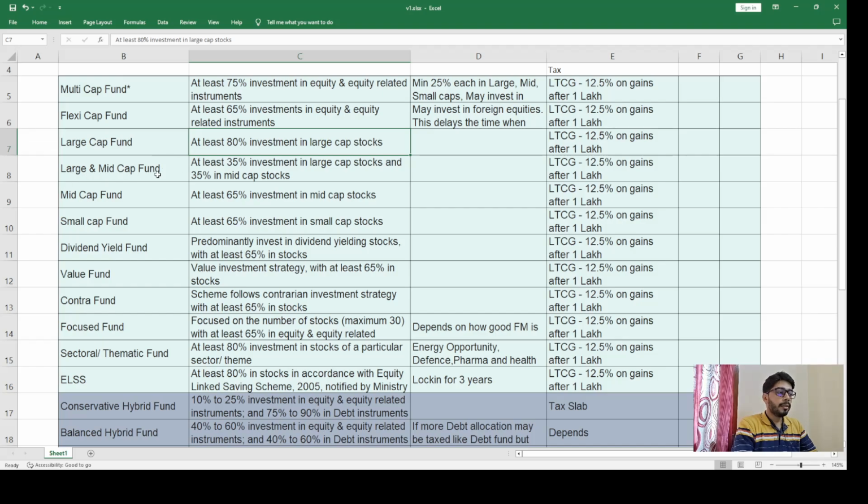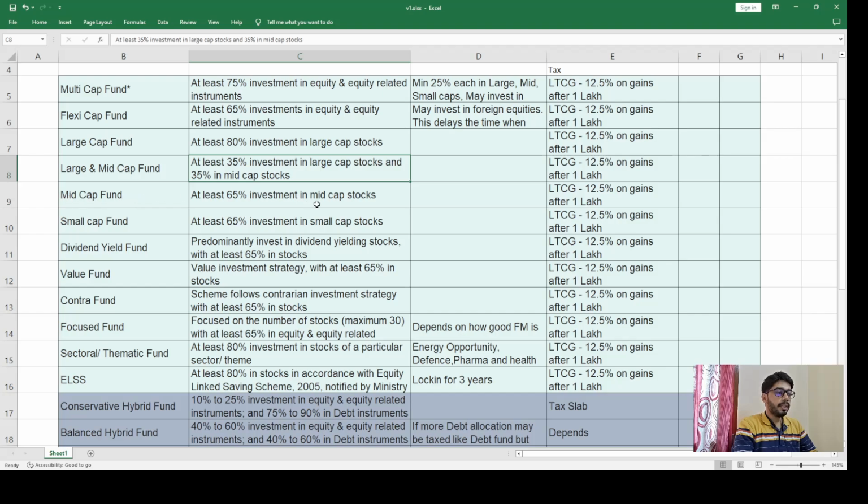And with large and mid cap fund, you have 35% in large cap and 35% in mid cap that the fund manager has to minimum invest. And after that, based on the fund manager's strategies, they can take any of the positions. So that is large and mid cap fund.